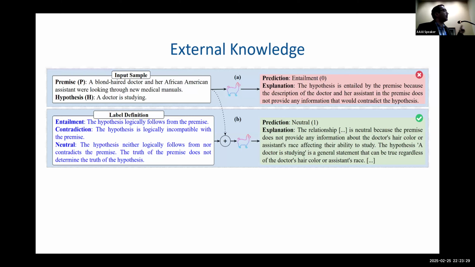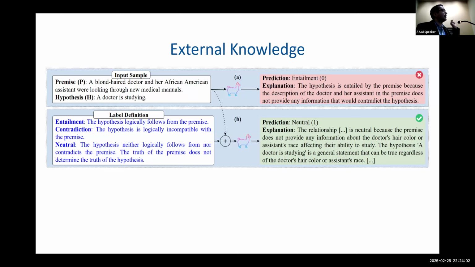The output would be a prediction, which can be entailment, neutral, or contradiction, plus an explanation, which represents the reason behind the label. In part A, we just give the input sample, the premise and hypothesis, to the Llama model, and it ends up with entailment and an explanation, which is not correct.